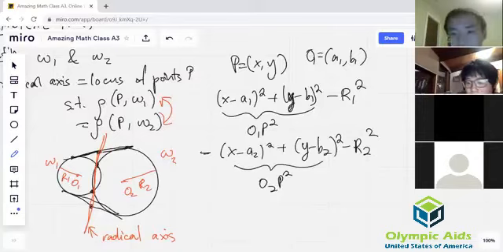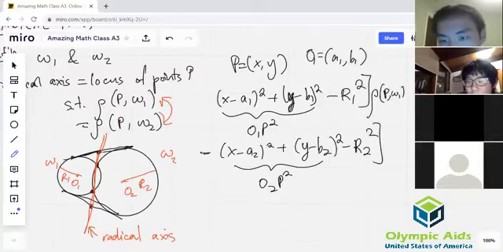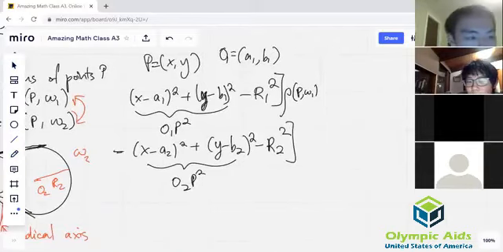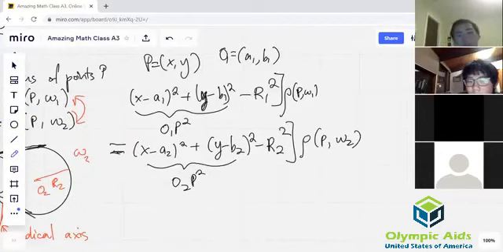So notice this quantity is equal to the power of P with respect to omega 1. This quantity is the power of P with respect to omega 2. And we set them equal. So if I solve this in terms of x and y, I'll get all points P such that the powers to both circles omega 1 and omega 2 are equal.